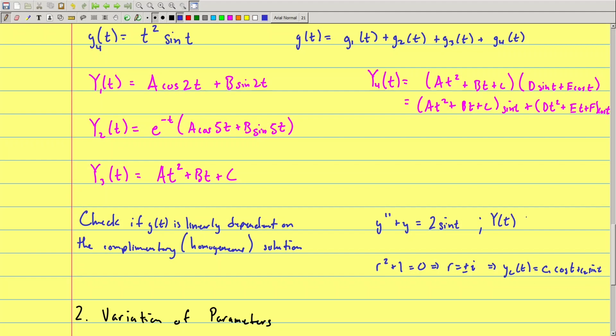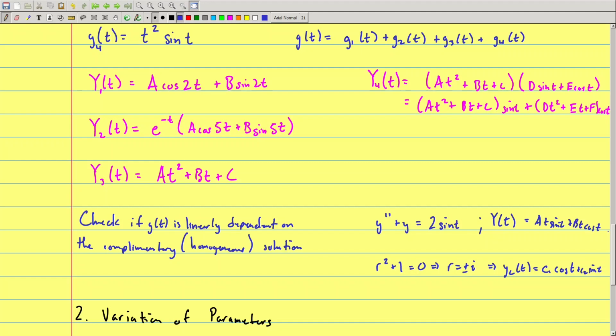I'm going to have to multiply it by t in order to get it to work. Does that make sense?